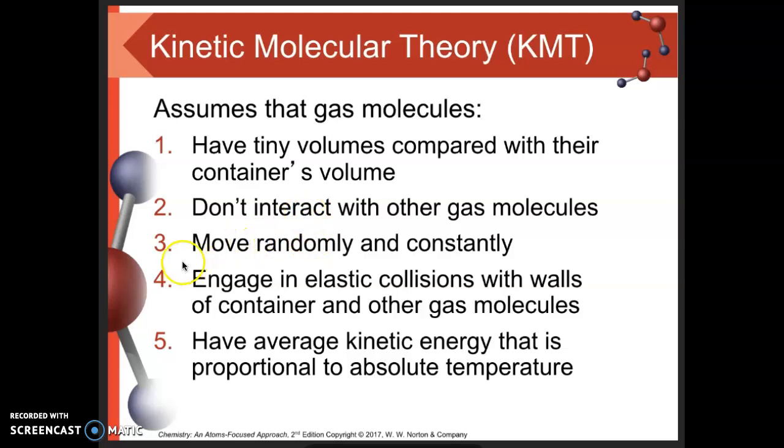We know that gases are in constant random motion. They move around their container randomly, constantly, and occasionally they interact with each other. When they interact with each other, or when they interact with the walls of their container, we assume that they interact with elastic collisions.